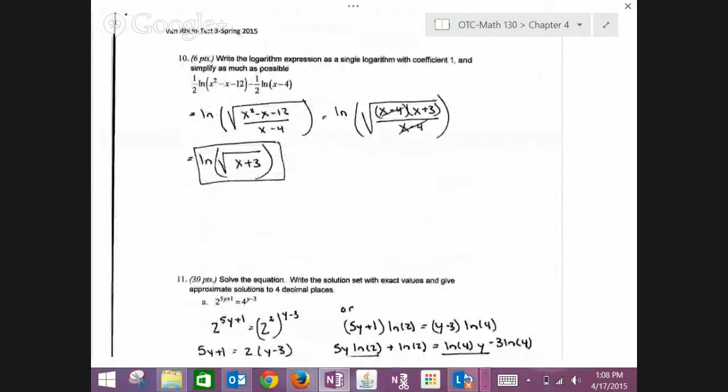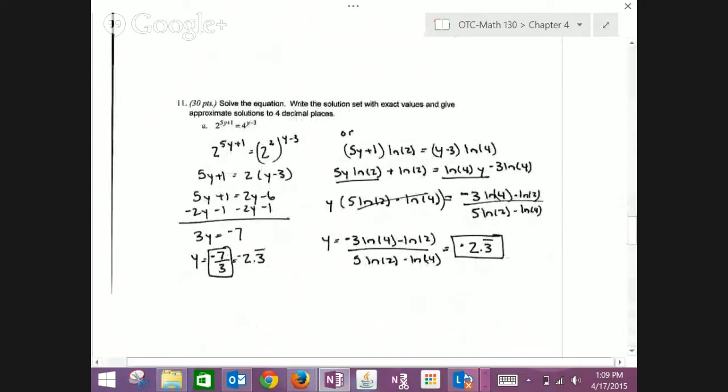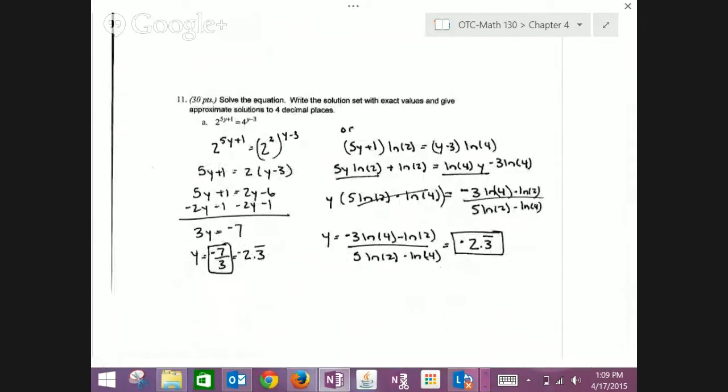Number 10 really came down to a factoring problem. You set up the ratio as the top number divided by the bottom number with the square root, factored it, simplified, and got the answer there. Part A on number 11, there were 2 ways to go about it.